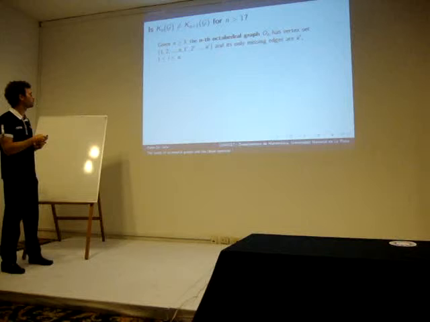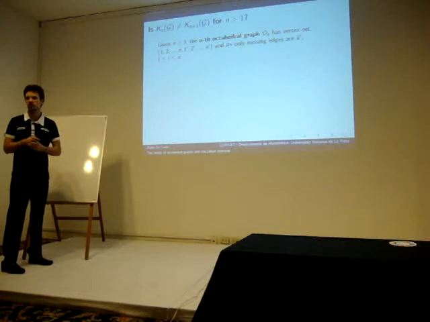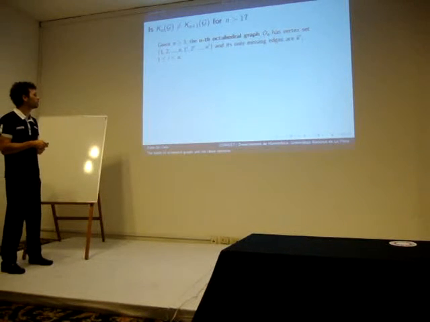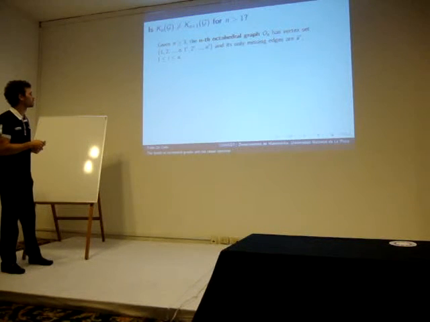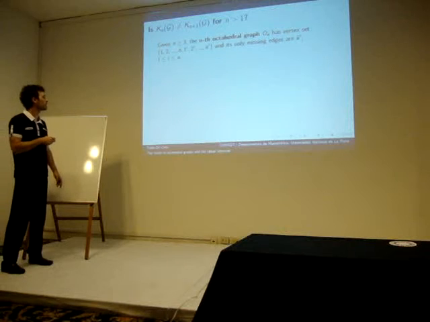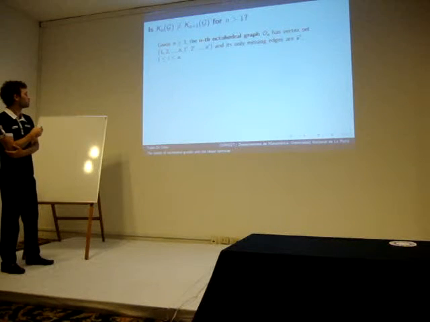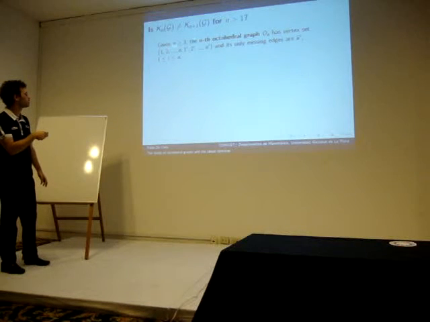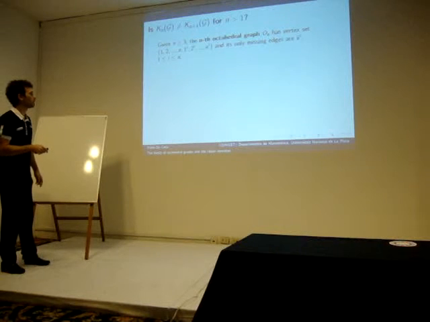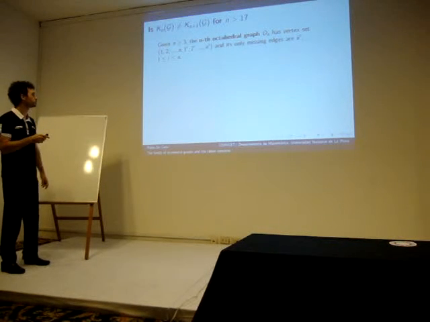So we will define, for n larger than or equal to 3, the n-octahedral graph, also O sub n, as a graph that has 2 times n vertices, and like here, where the only missing edges are i, i prime.